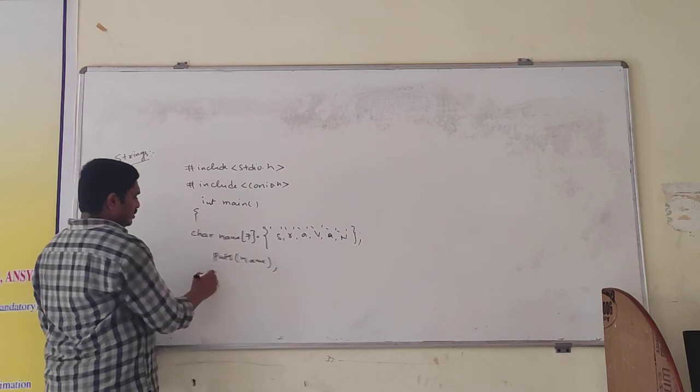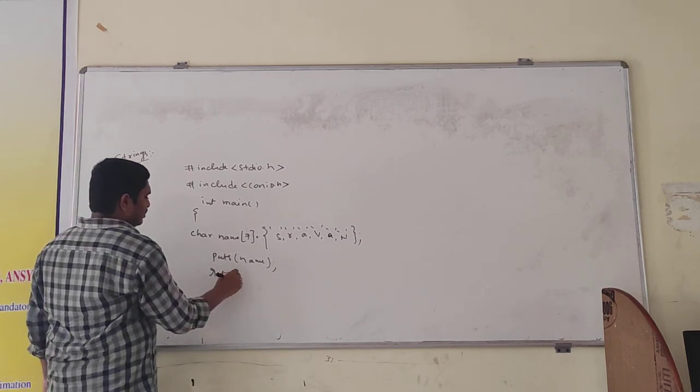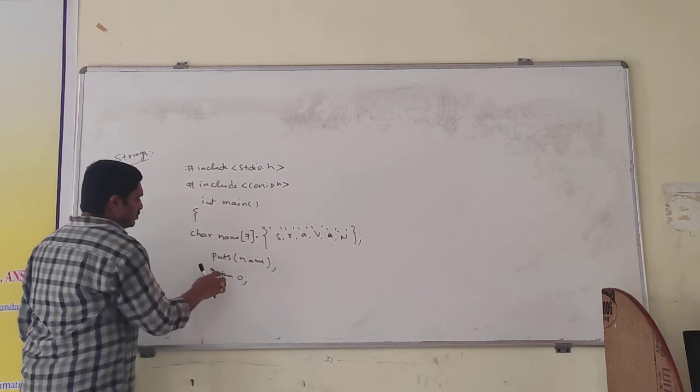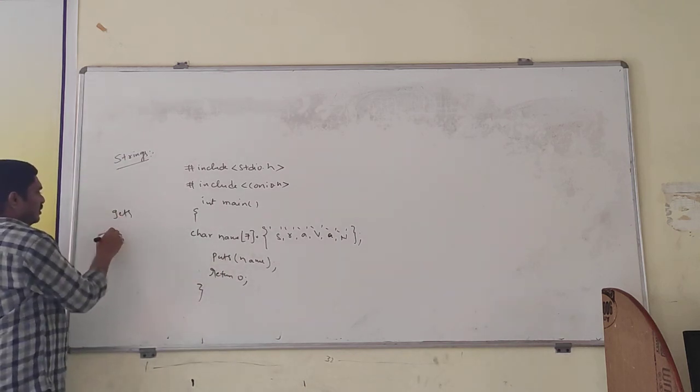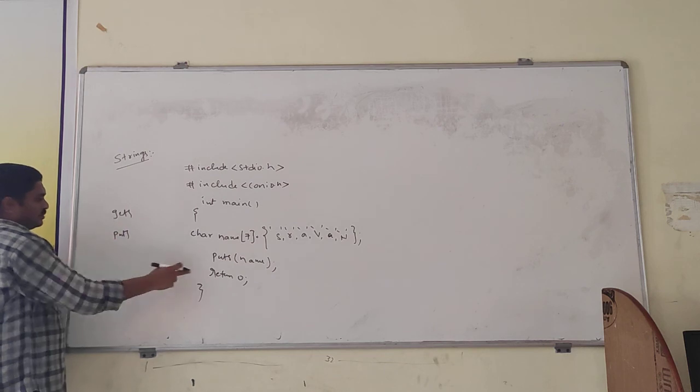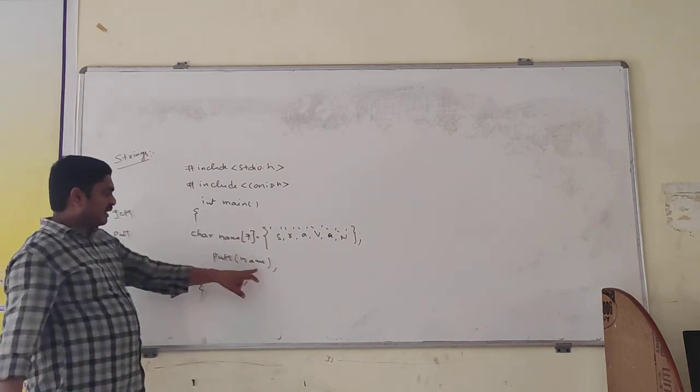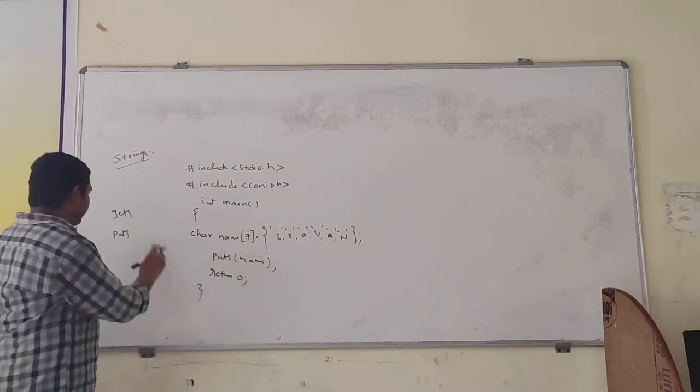Finally, return 0. Like gets, here to print the values use puts of name, then it displays the name.